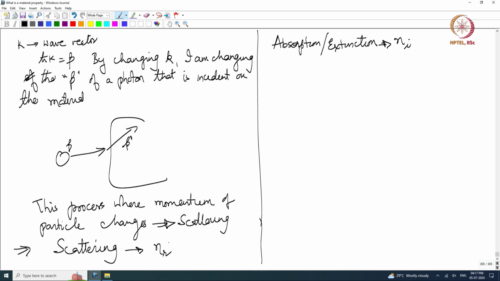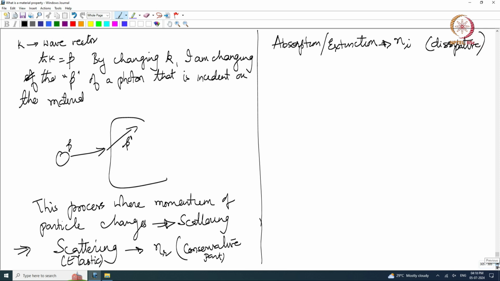If I want to be more precise, I am going to call this elastic scattering. I am not losing any energy, I am just scattering photons. This is the conservative part of refractive index, and this is the dissipative part of refractive index.